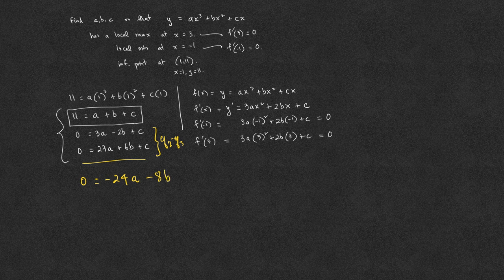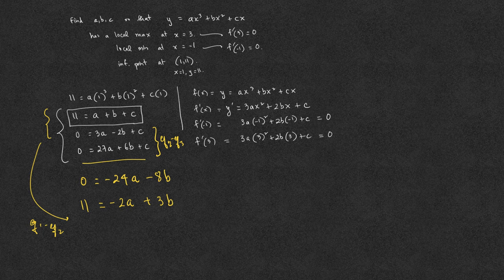We then use the first two equations. Taking equation 1 minus equation 2, we have 11 equals a minus 3a, which is -2a. b minus -2b is plus 3b, and c minus c is 0.